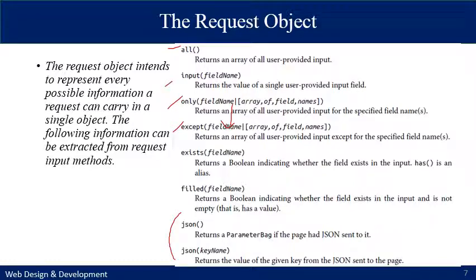The other two methods, which we'll use in the next few lectures, are json and json with the key name. The first method returns a parameter bag if the page had JSON sent to it. Similarly, the next method returns the value of a given key from the JSON sent to the page.